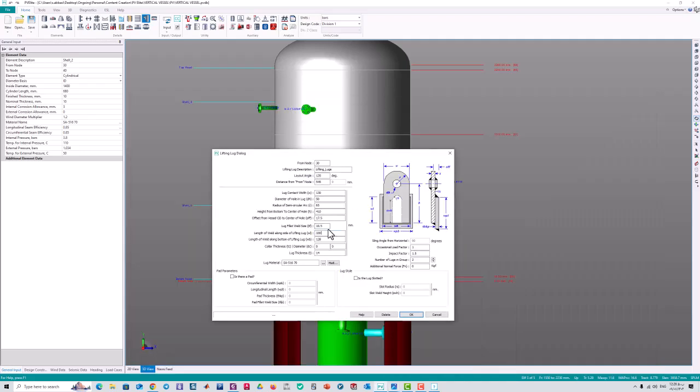I'm calculating the dimensions in accordance to the DWG and put them in the right boxes of the lifting lug.